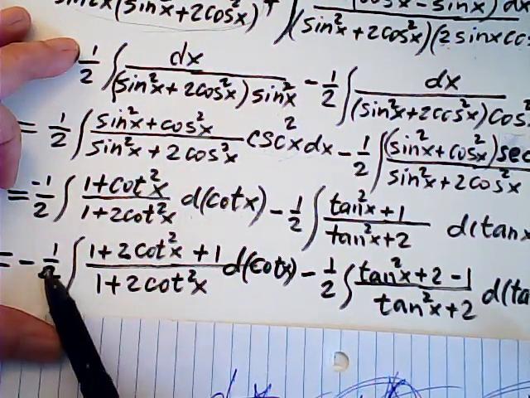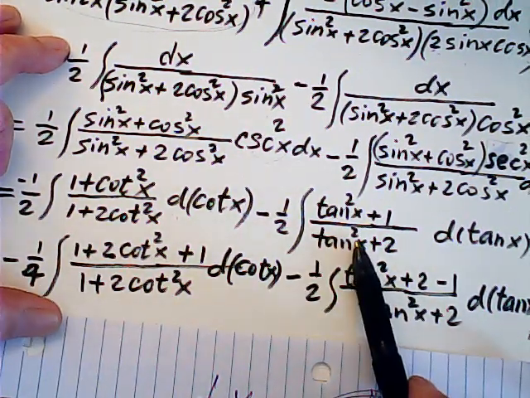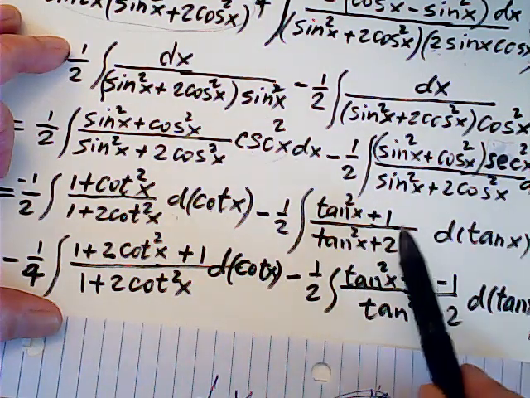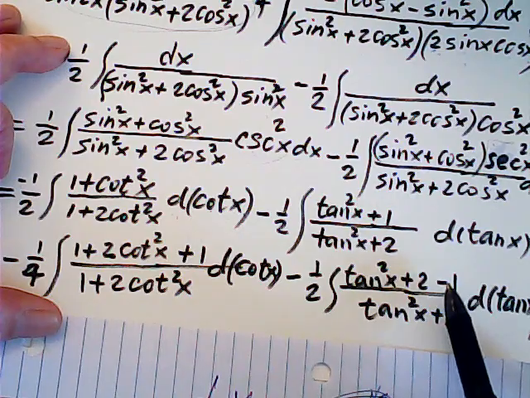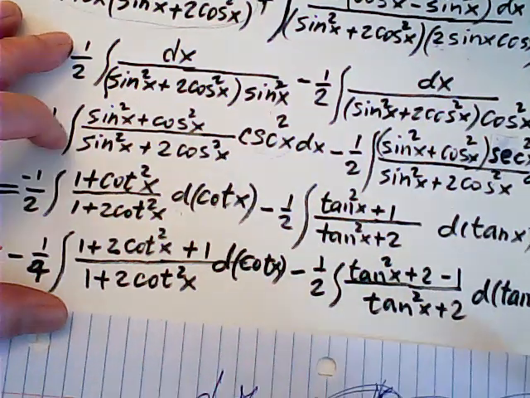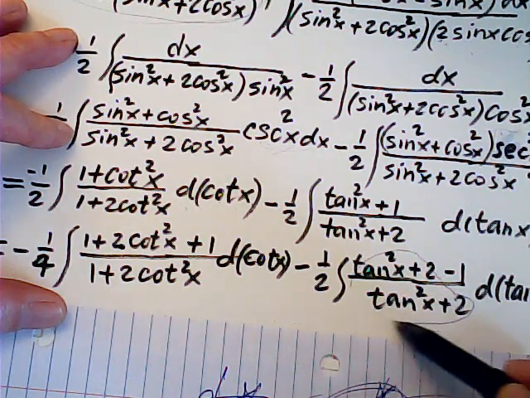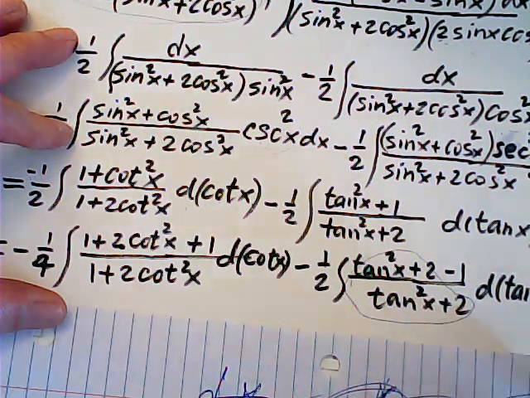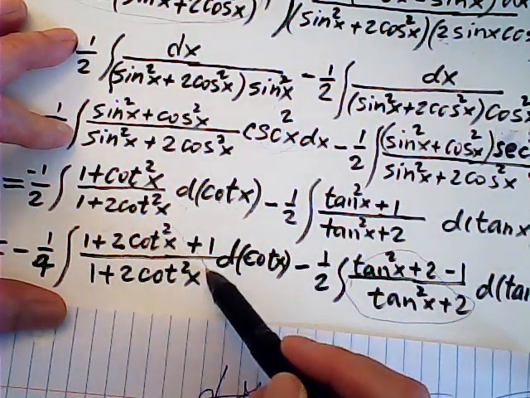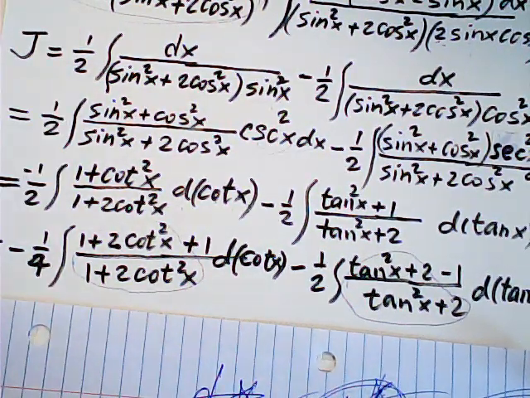So half becomes 1/4. And here, this one becomes tangent square plus 2 minus 1. See the reason for doing this, because this one over this one becomes 1. This one over this one becomes 1, right?